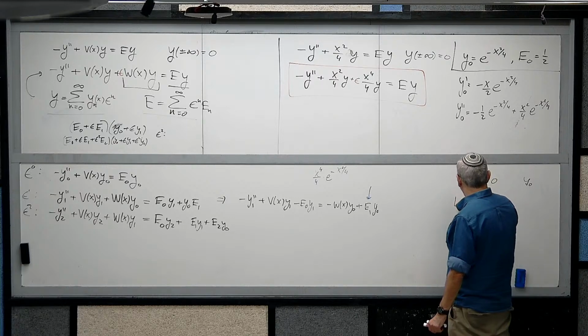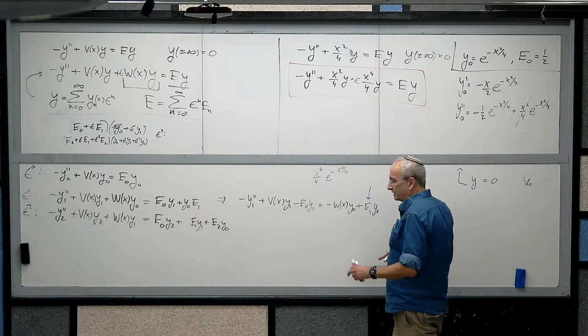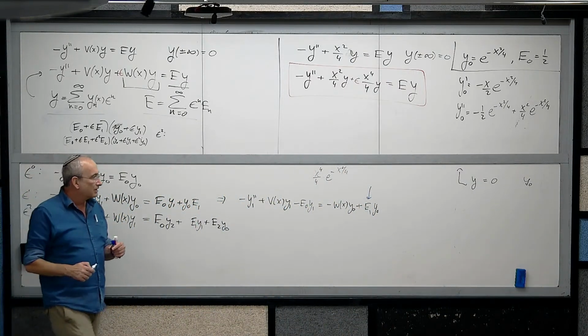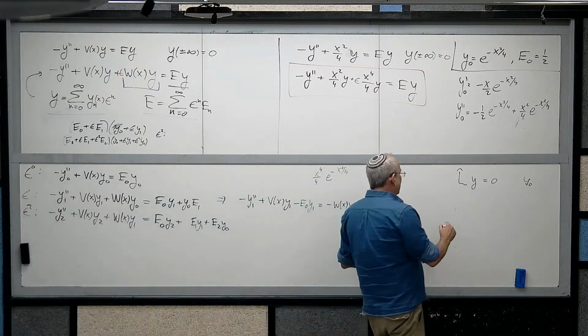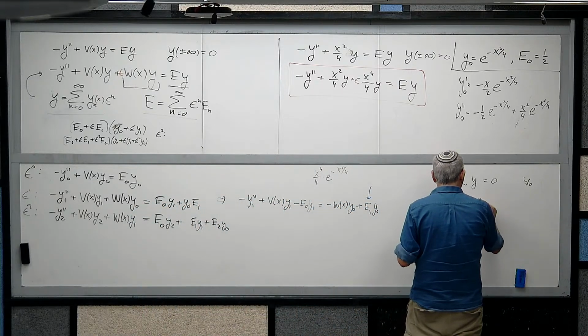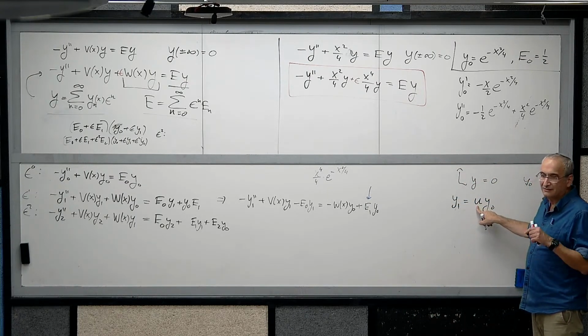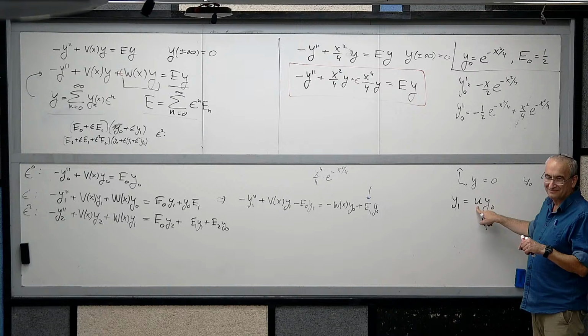Then you can define y1 as u times y naught, and the equation you will get for u is first order. It was in the homework.